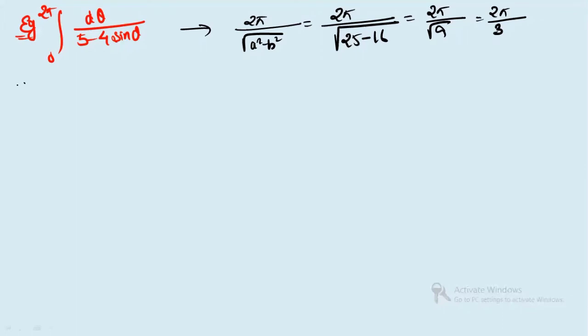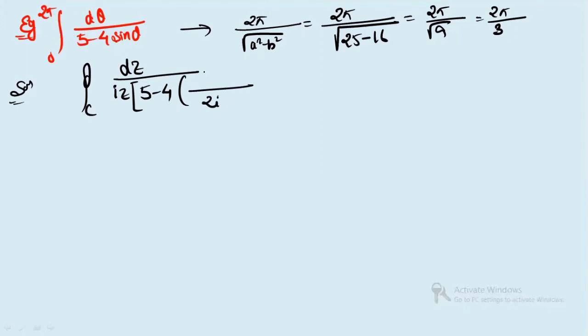Now you see, we will do stepwise. So here, first changing it into the contour integral. This is dz by iz. All right, here you're having 5 minus 4 times, this is 2 iota, right? Here you will have z minus 1 by z. All right. Is it clear? Now you see this is 2 2s are 4.